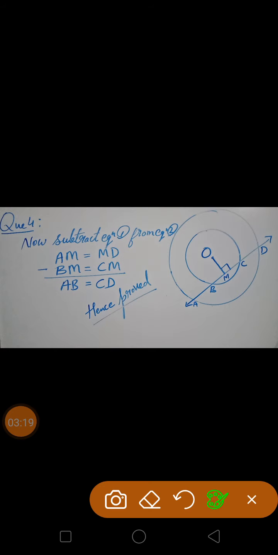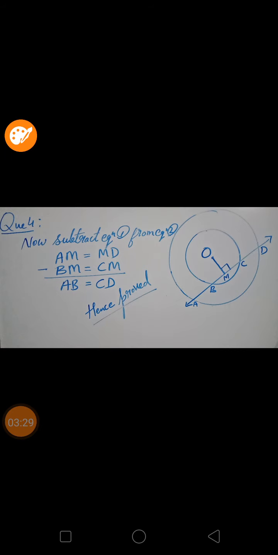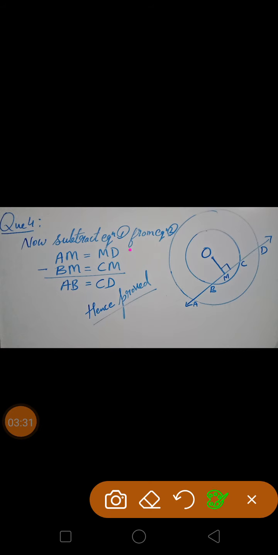Now the next one, MD minus CM. MD means this length, CM means this, so CD will be left. So now we have got that AB equals CD, hence proved.